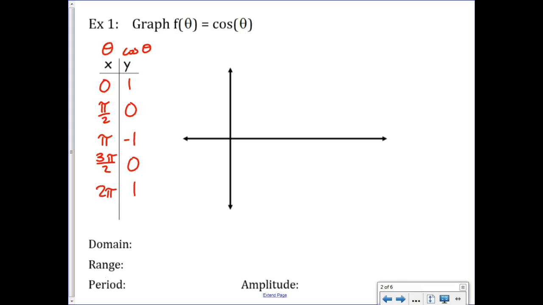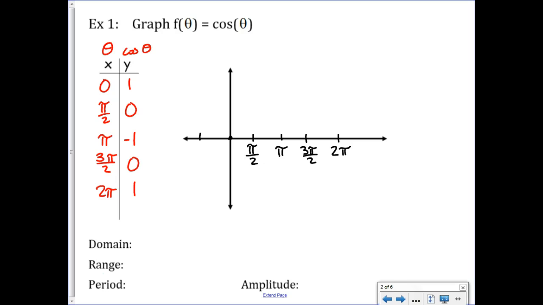So when we go to graph this, we are going to plot on our x-axis. Obviously this is 0, the origin, but I'm going to plot every pi over 2, and I space it out the best I can.